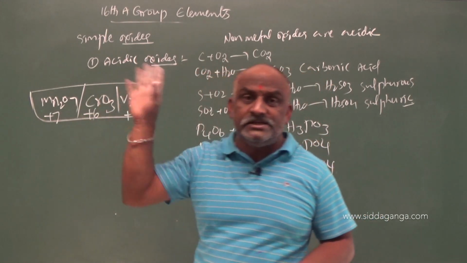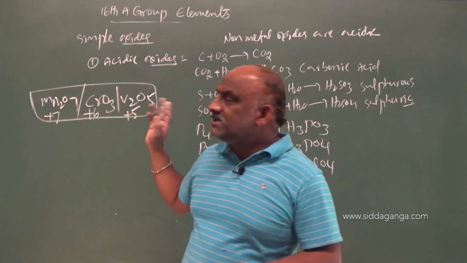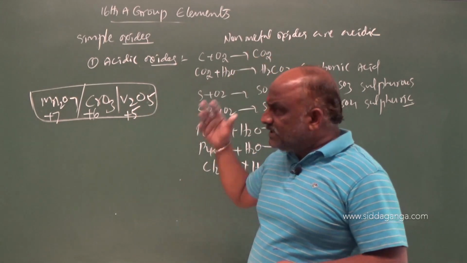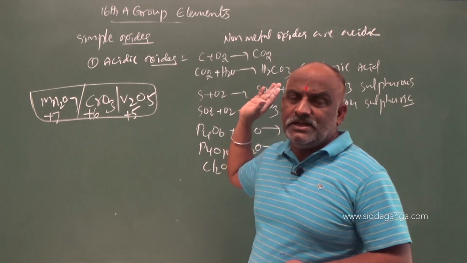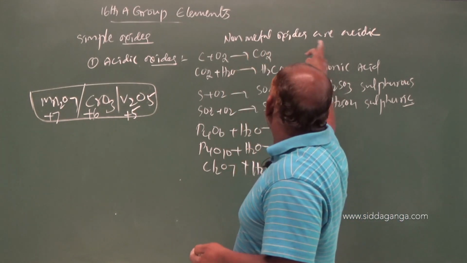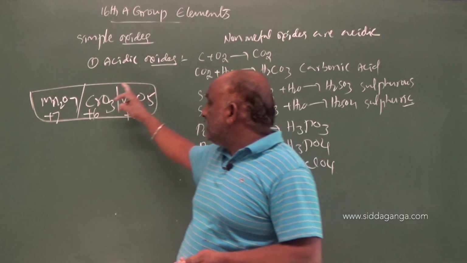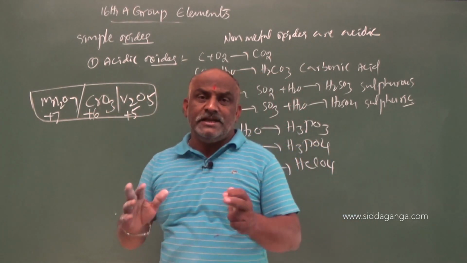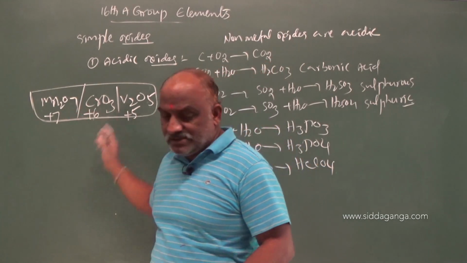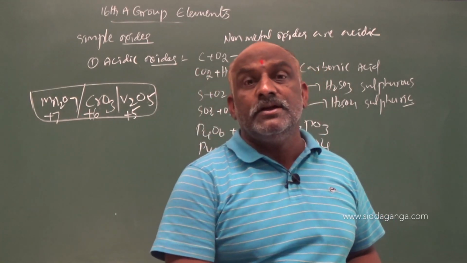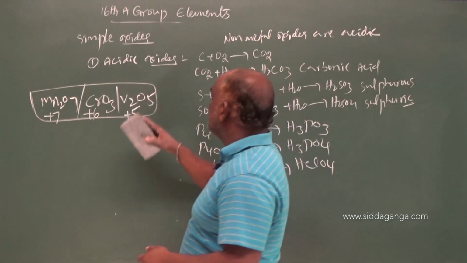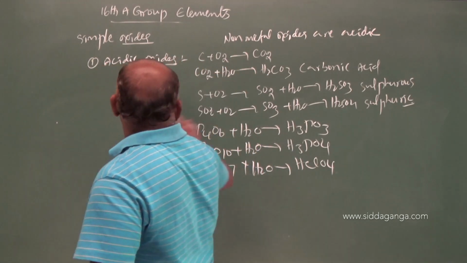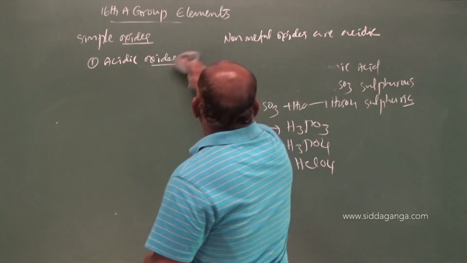Actually, metal oxides are bases and non-metal oxides are acids. That is the general rule, but some metal oxides also exhibit acidic behavior and neutralize NaOH solution, because the elements are in a higher oxidation state. So, this is acidic oxides. Next, after acidic oxides, is basic oxides.